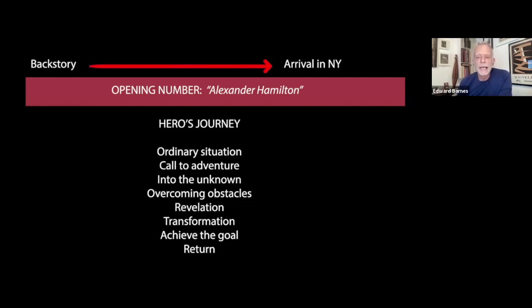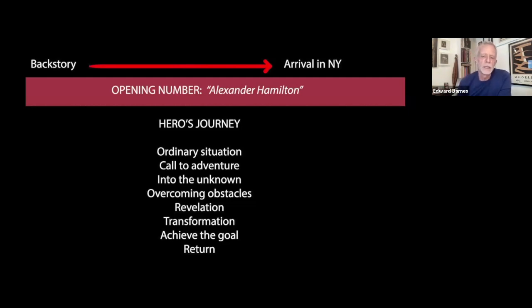Then at some point he has what Joseph Campbell calls a revelation, but this could really be a learning. He learns a message or whatever. And I say he, I mean he, she, whatever the character is. And something is revealed to that hero that allows them to transform themselves enough to achieve their goal. And once the goal is achieved, they do what's called the return.